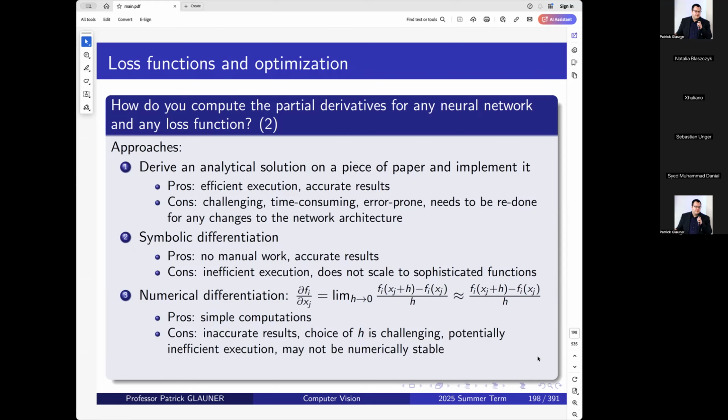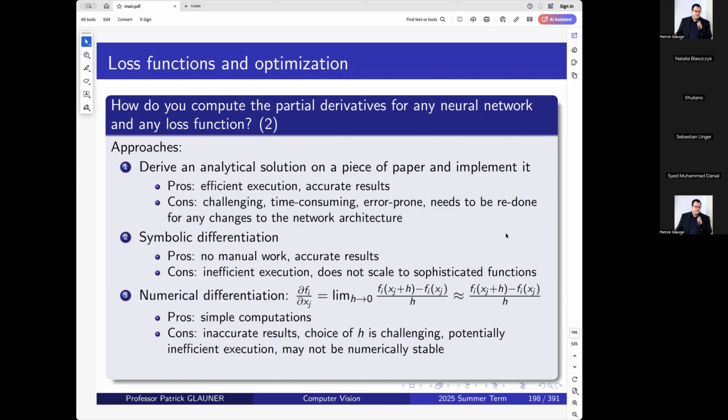If you try to plug this into your gradient descent, it will become super slow because you need a lot of partial derivatives in each loop, and you have a huge neural network. So this will lead to not only a very inaccurate solution, but also to a very slow execution, and your results will probably not be numerically stable. So this is also not too great.